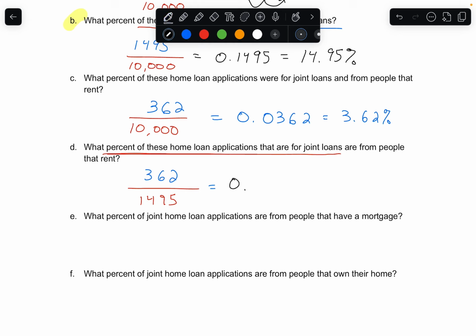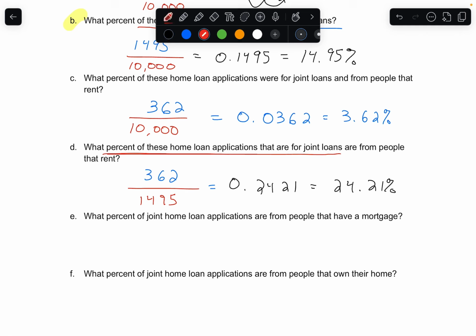So that would be 0.2421 or 24.21%. So what you're going to notice in these types of problems, and eventually when we start to talk about probability, is that changing the wording just ever so slightly can change the outcome of your problem. So you're going to have to read very, very carefully through these types of problems.